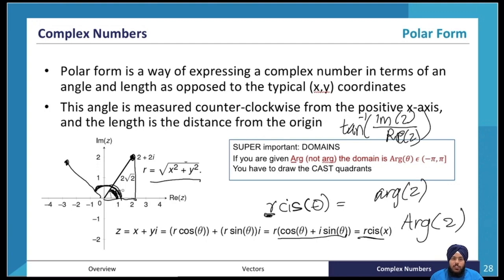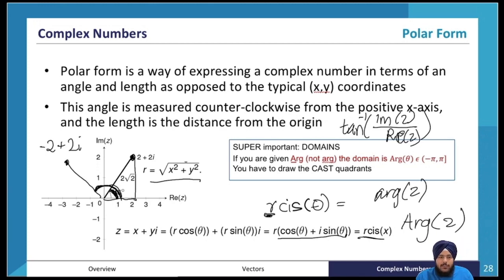So we will need to know what that angle will be in that particular quadrant. For example, if it was negative 2 plus 2i, and we did tan inverse of imaginary over real, ignoring the negatives and positives, we will still get pi over 4 or 45 degrees.